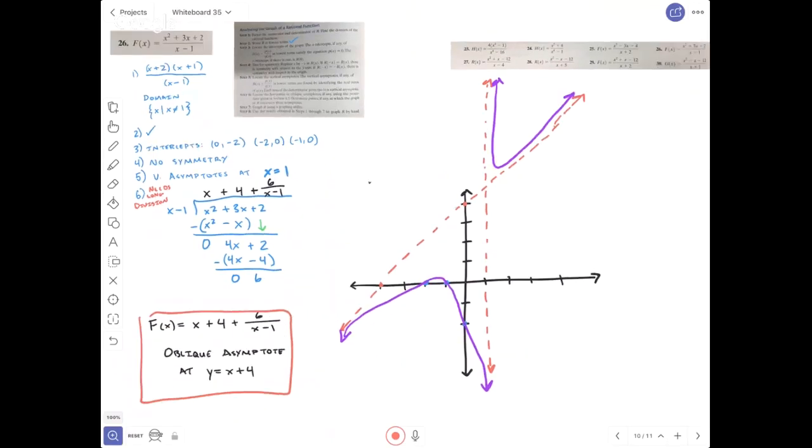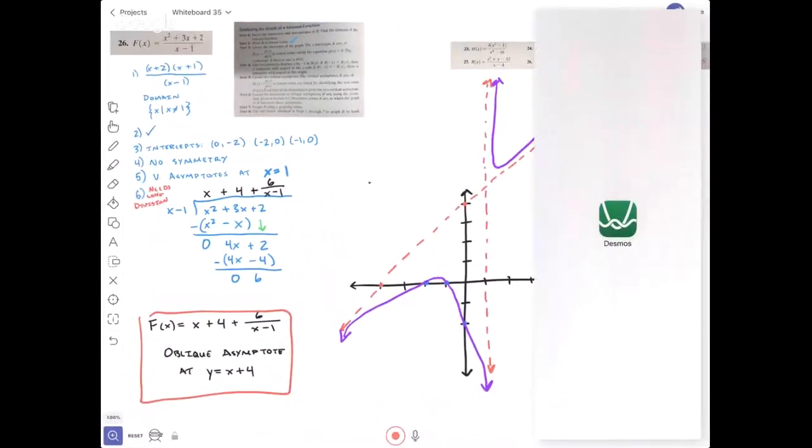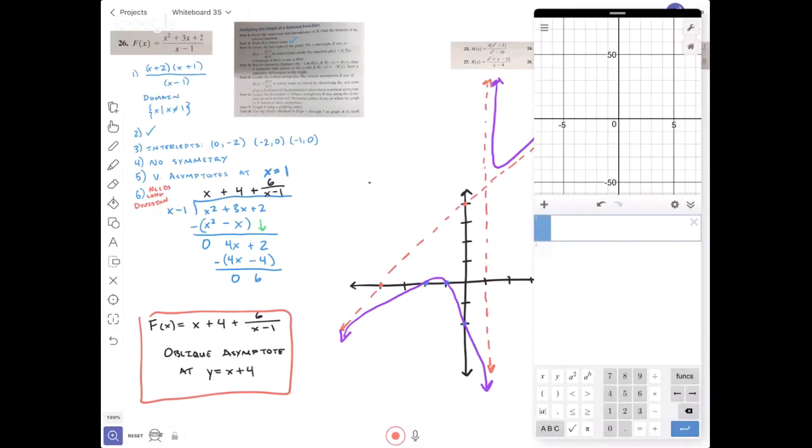So checking on Desmos. How did we do? We were looking at the graph of x squared plus 3x plus 2 over x minus 1.